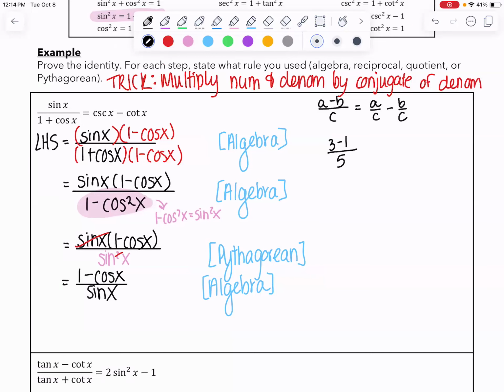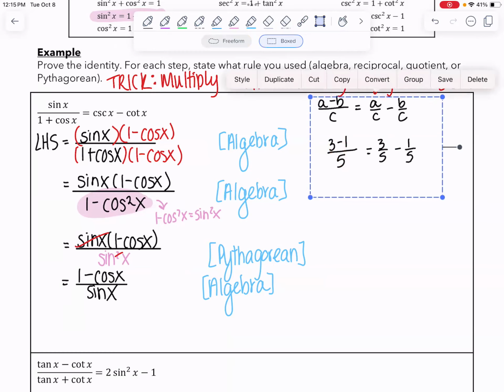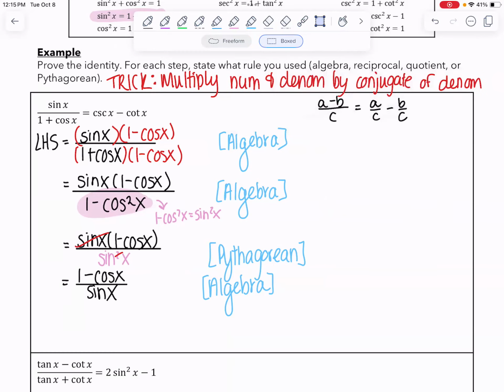So 2 over 5, really. This is the same thing as 3 over 5 minus 1 over 5, which leaves you with 2/5. When you split it up, you give the denominator to both of them. So this turns into 1 over sine x minus cosine x over sine x.